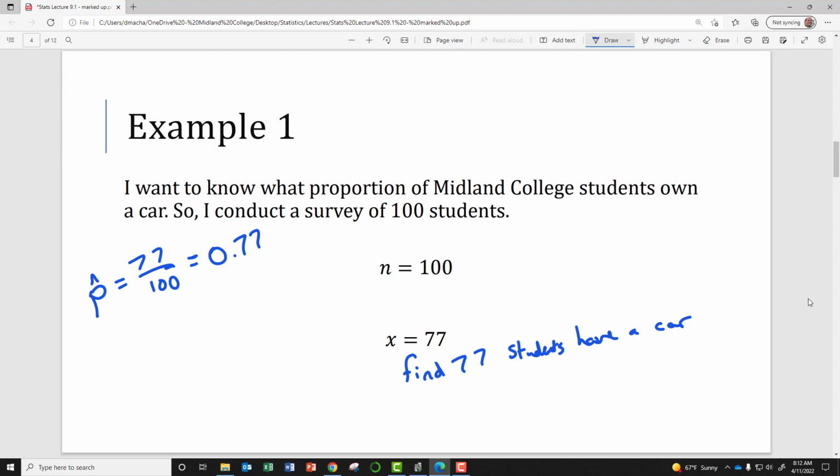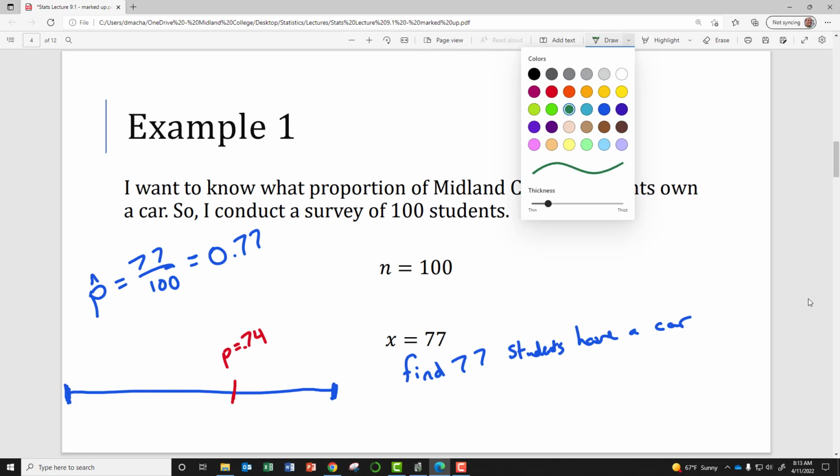Okay, so you know that there's probably about 5,000 Midland College students and not just 100. The real population proportion, if I were to somehow survey all 5,000 students, which might be kind of difficult, we don't actually know that. We've calculated a sample proportion, which in theory should be close to the population proportion. But let's say that just for kicks, we think that the population proportion is 0.74.